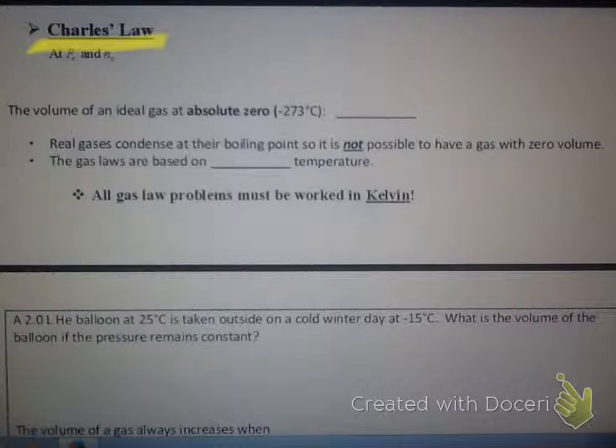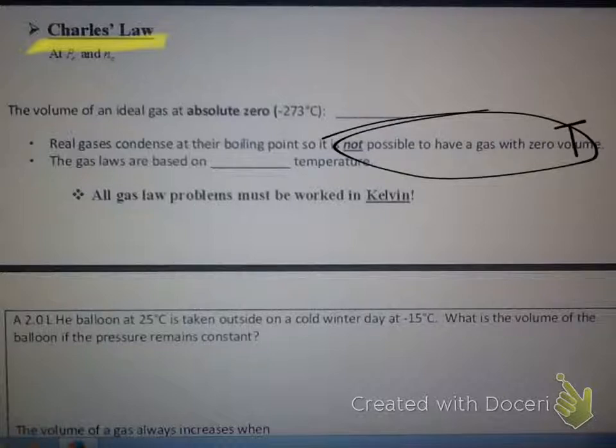So, even though the volume of an ideal gas at absolute 0 would be undefined, that doesn't happen because we never get a gas at 0 Kelvin. So remember, real gases condense at their boiling point. It's not possible to have a gas with no or undefined volume or at 0 temperature, 0 Kelvin. That would be impossible.